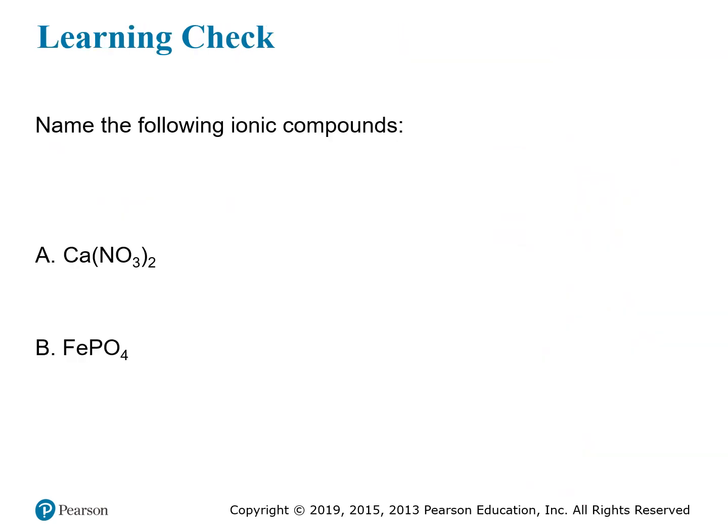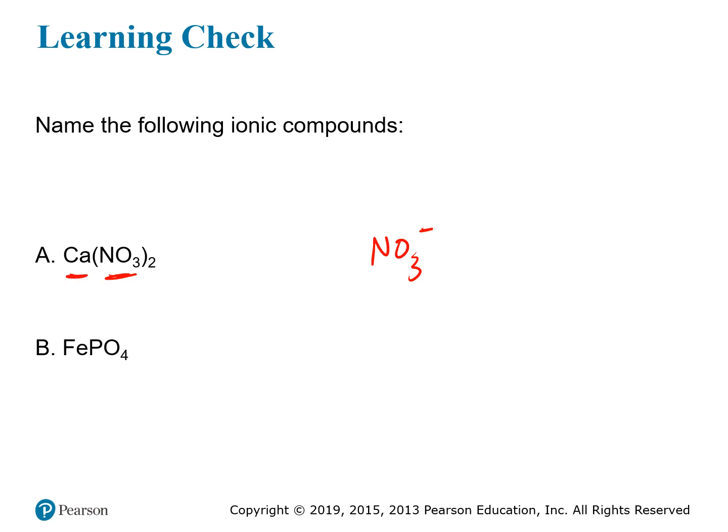So let's take a look at these examples. We have two chemical formulas. The first is Ca, then parentheses NO3, and parentheses 2. So what that means is we have 2 of the NO3. NO3 is an ion, right? NO3 is the nitrate ion. It has a -1 charge. This is something, again, you just need to remember from the polyatomic ion table or look up in the polyatomic ion table.